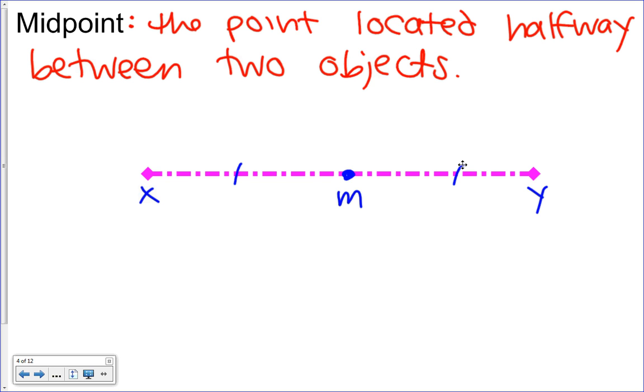Where that's going to help us today is if I knew that this side, XM, is 5 centimeters, you automatically know that since this is 5 centimeters on the left, it has to also be 5 centimeters on the right. We're going to apply that quite a bit today. Here I just want you to have a basic picture in your notes. So if I tell you midpoint, it's talking about the point halfway between two objects, so the distance on either side of it is exactly the same.